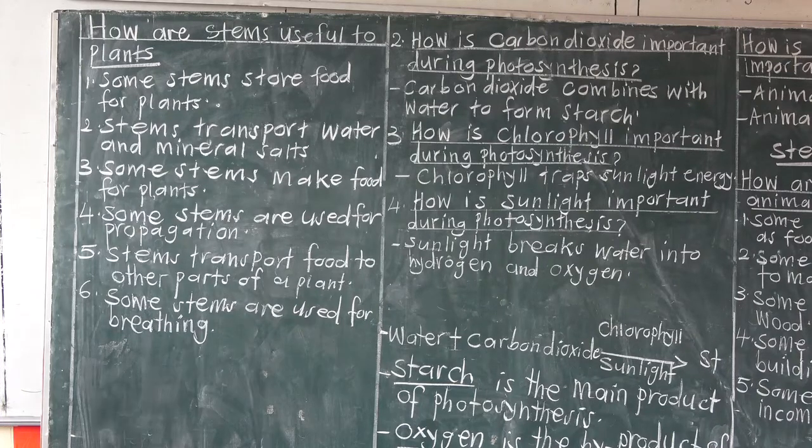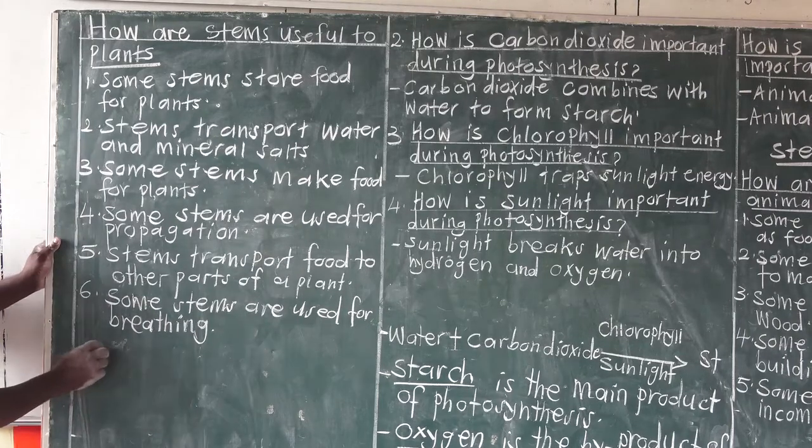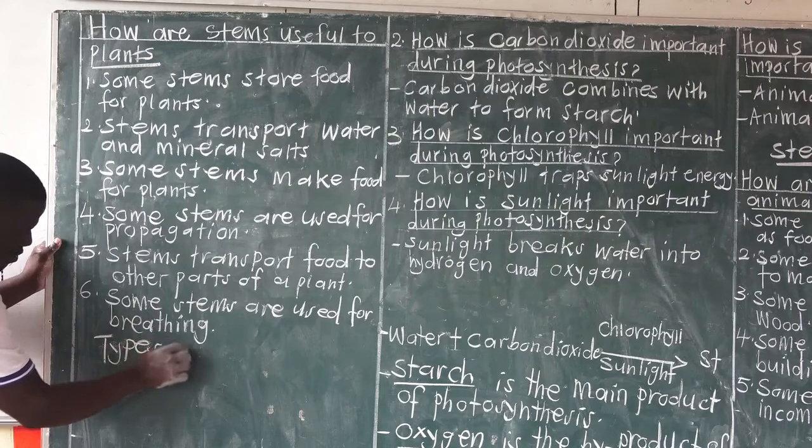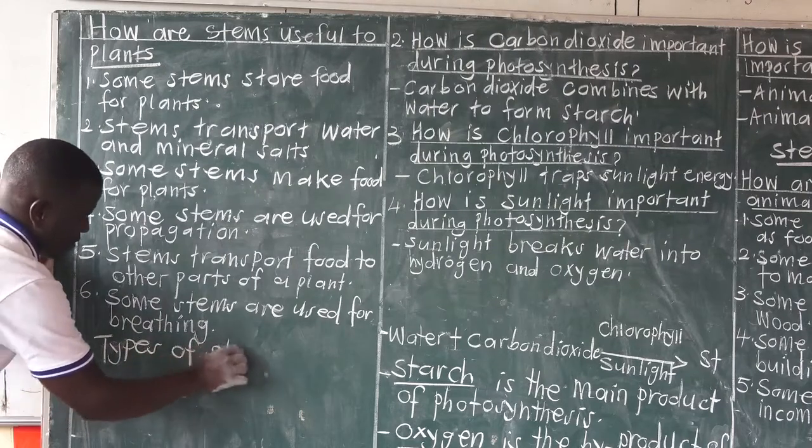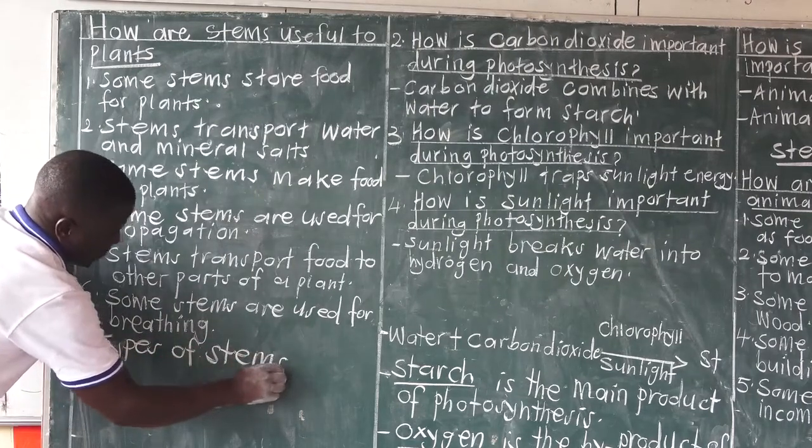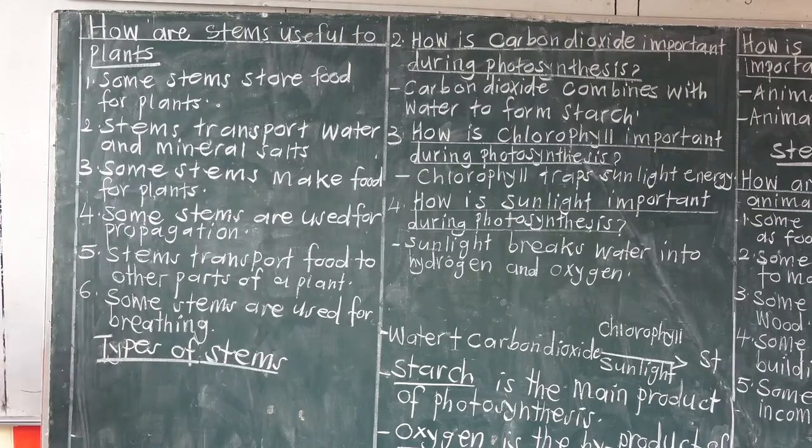Next, we look at types of stems. Now, stems are grouped into 4 groups or 4 types.